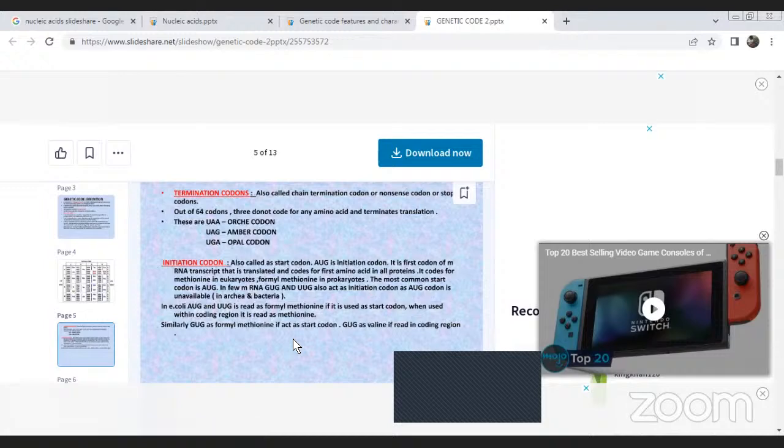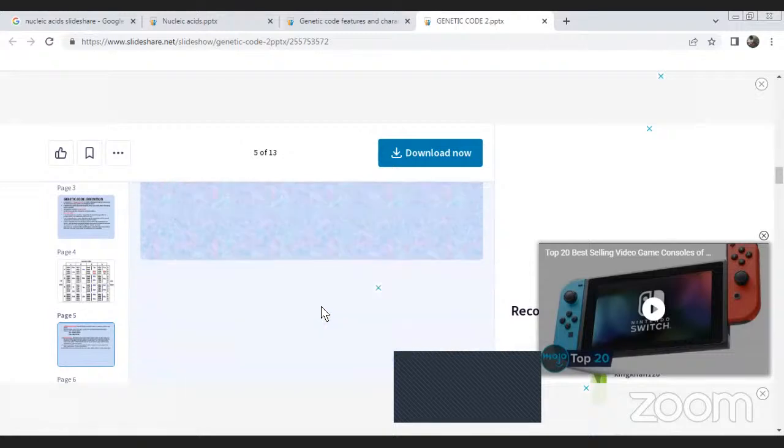In E. coli, AUG and UUG code for formyl methionine as the start codon. Similarly, GUG codes for formyl methionine and acts as a starter codon. GUG normally codes for valine.